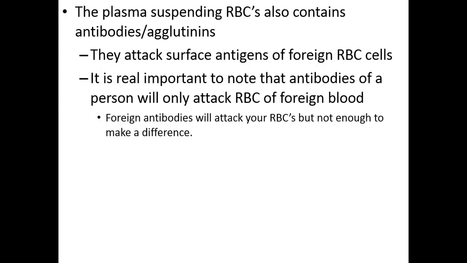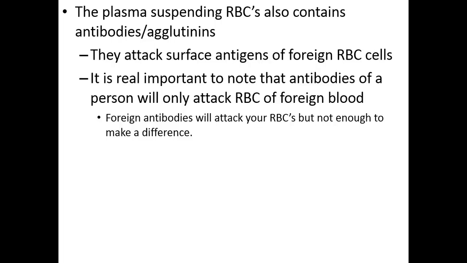In your plasma, there are these things called antibodies, or agglutinins, are the fancy words. Their job is they help you, technically speaking, make sure that it's only you within your blood, meaning only your red blood cells are there.